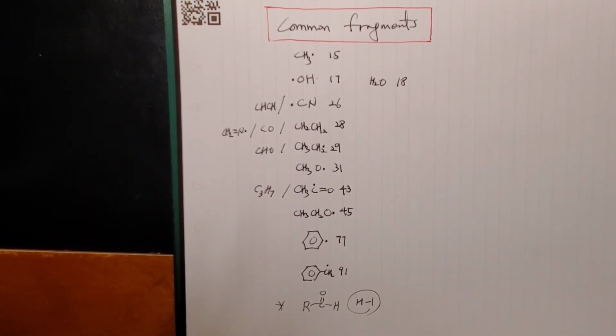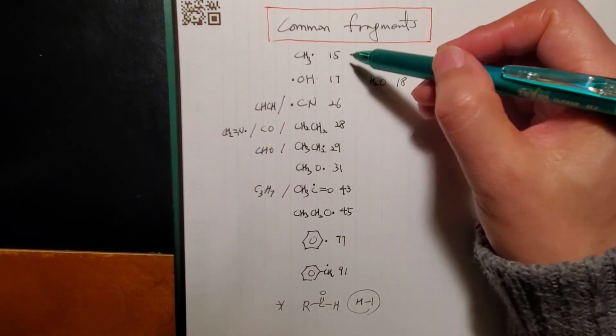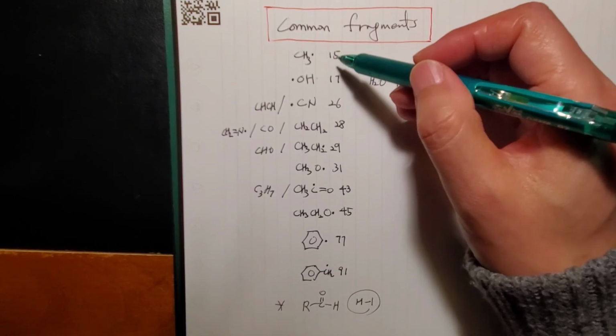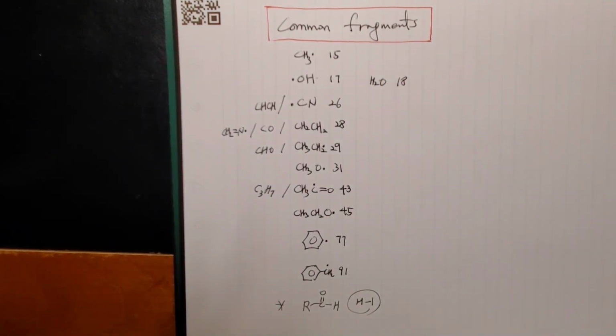You can see a very extensive table online, or you have a book with hundreds of pages of possible fragments with very high resolution, like 15.0001 something, 0.002 something else. There are all kinds of combinations of common fragments, and there are even books on them.